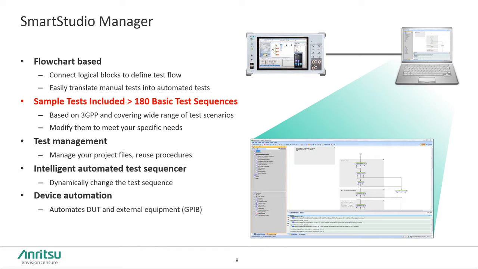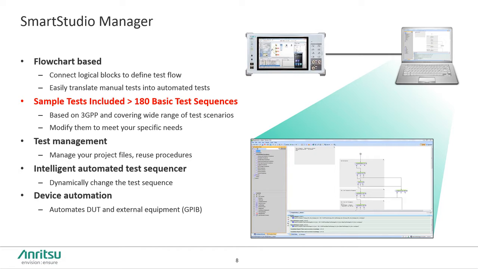Categorization into projects, workspaces, libraries, campaigns, test cases, and procedures gives easy test management to any user of SmartStudio Manager. Once the set of test cases is ready, the user can easily create a test plan in the form of a campaign where all test cases are run one by one.